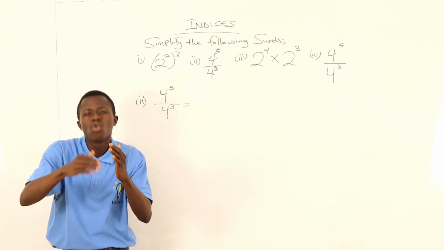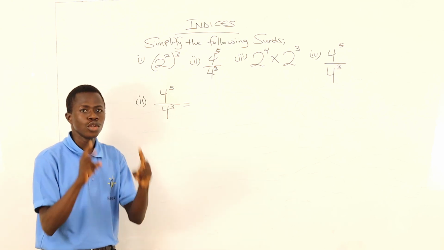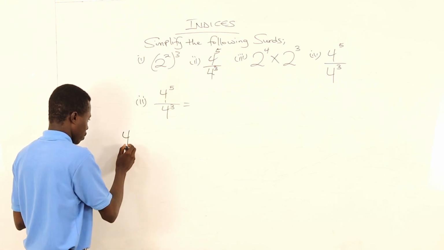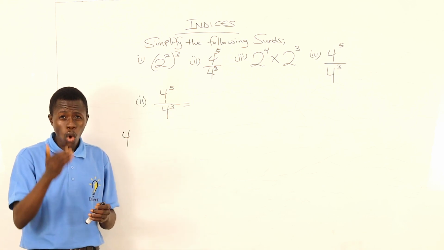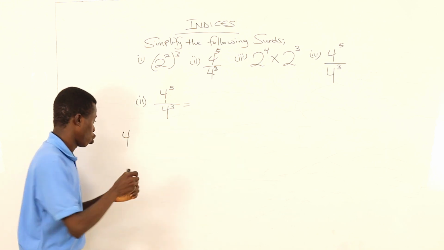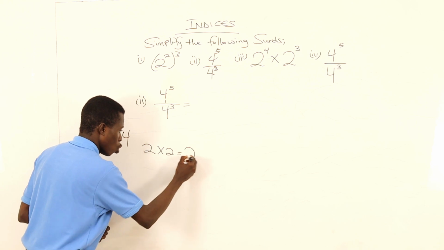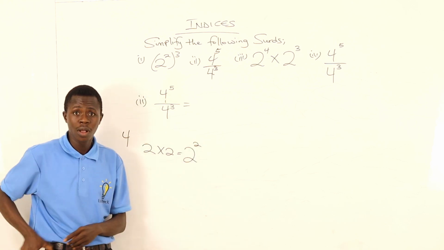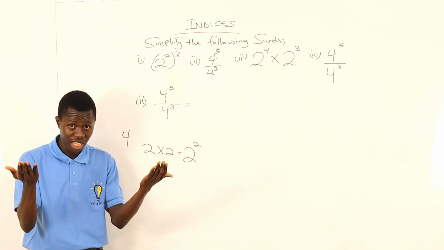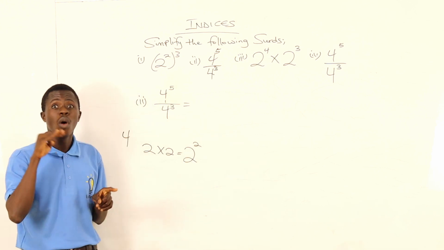Since 4 is a number that can be further broken down, we will decide to take that path first. Now let's take a look at the number 4 and how to further break it down. We know that we can have 2 multiplied by 2 giving us 4, and 2 multiplied by 2 also gives us 2 raised to the power 2.